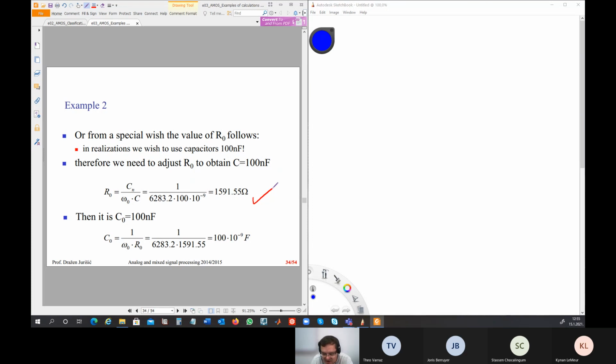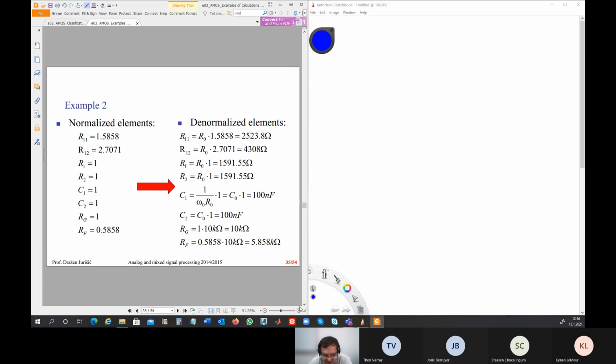Omega 0 we have chosen as a cutoff frequency. We will see later. And R0 can be whatever, but we wanted to buy C0 of 100 nanofarad in the store, because these are nice capacitors, and we build a discrete component filter. We don't build an integrated circuit filter. Then we can use capacitors of some very nice value.